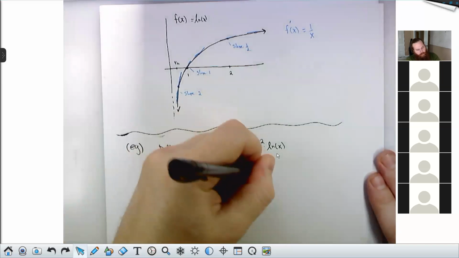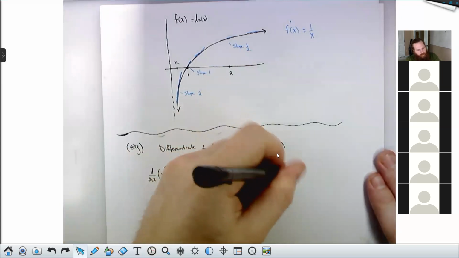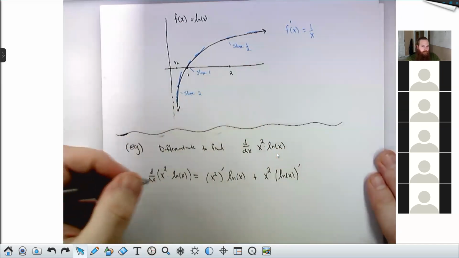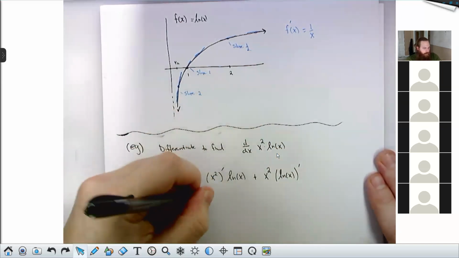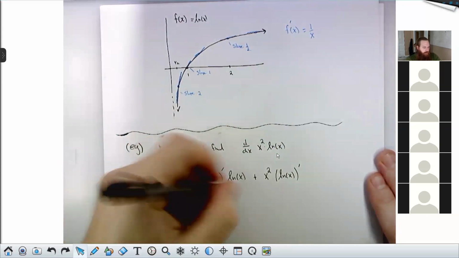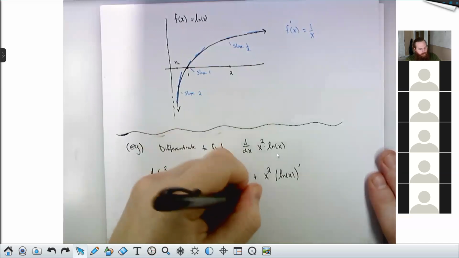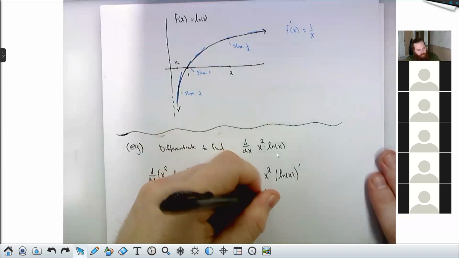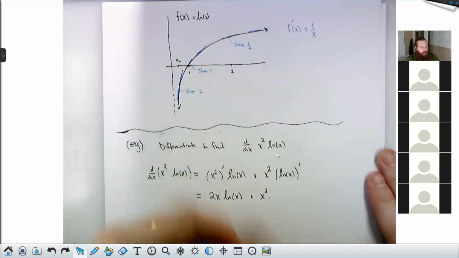And then I'll add that to what I get by leaving x squared alone and differentiating ln x. The derivative of x squared is 2x, so I'll get 2x times ln x plus x squared times the derivative of ln x, which is 1 over x.